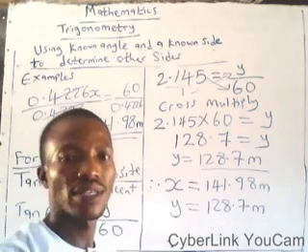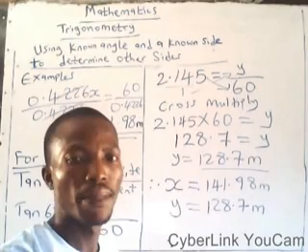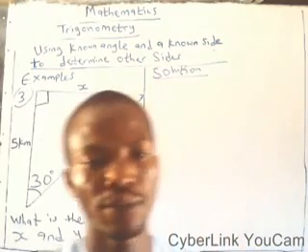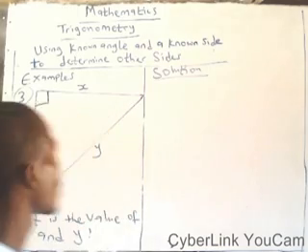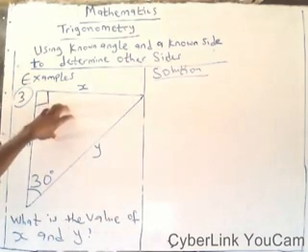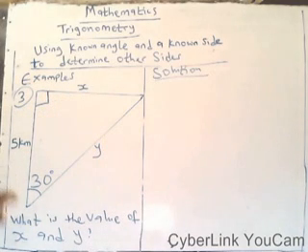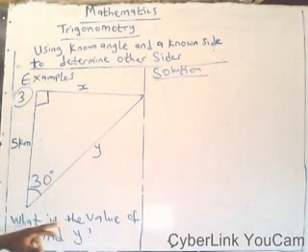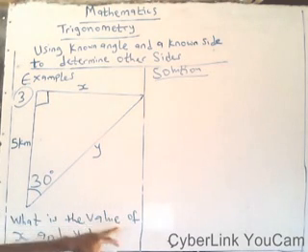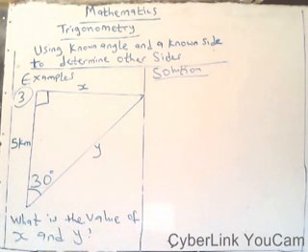Now the next one is the third example. Now we have example number 3. In example number 3, we are given this right angle triangle, and the question says find the value of x and y.